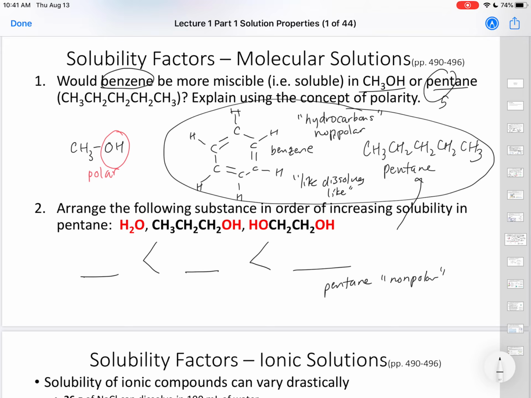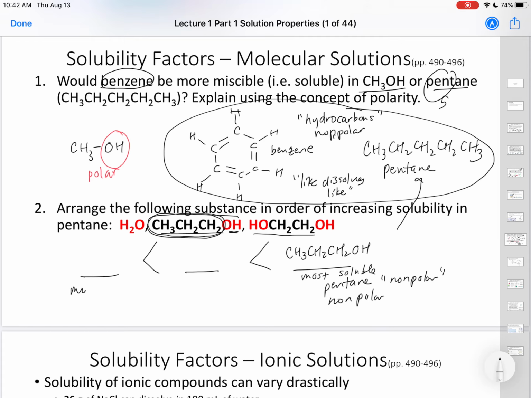So the most soluble will be something that is nonpolar. Out of water, propanol, and the species here, you would say the most nonpolar is this one, right? It's got the largest hydrocarbon, 3 carbons, and it only has 1 OH. So the most nonpolar is going to be here.